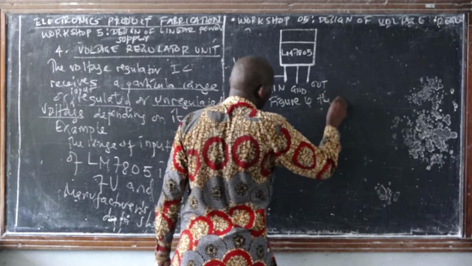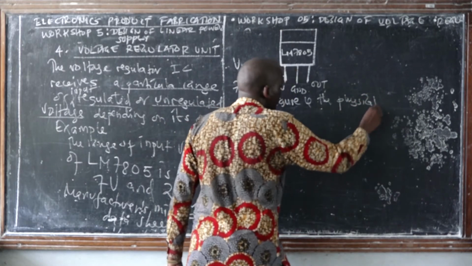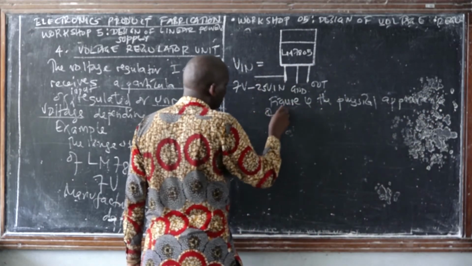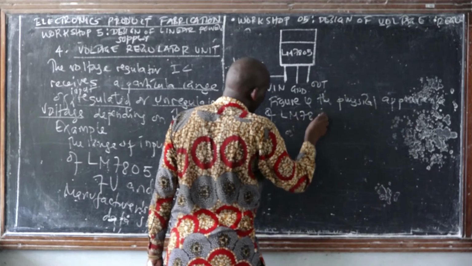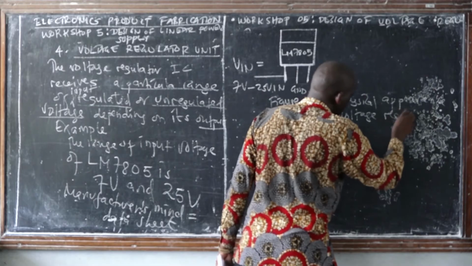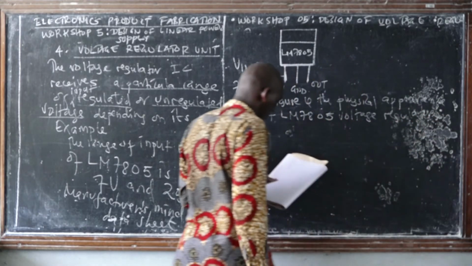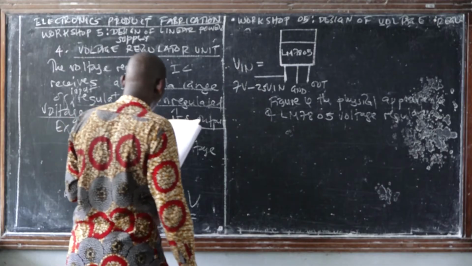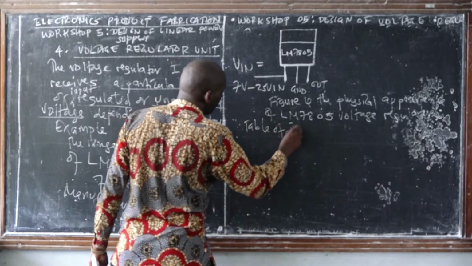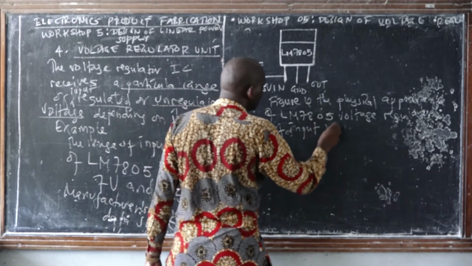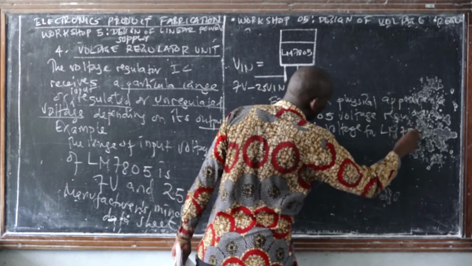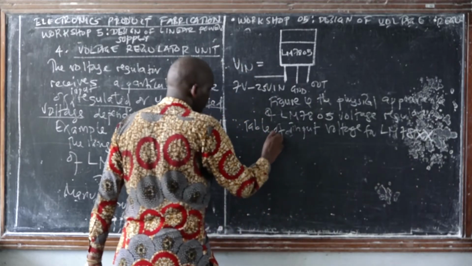Figure 4, physical appearance of LM 7805 voltage regulator. Table of input voltage for LM 78XX series.